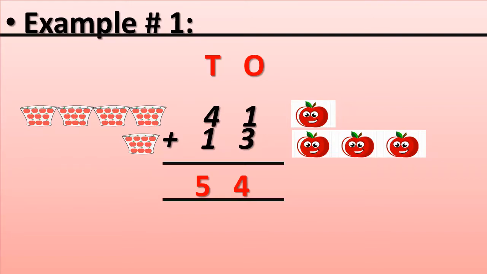We have 4 apples here and have 1 more apple. Let's count how many apples we have all together. 1, 2, 3, 4, 5. We have 5 apples, so here we will write 5.